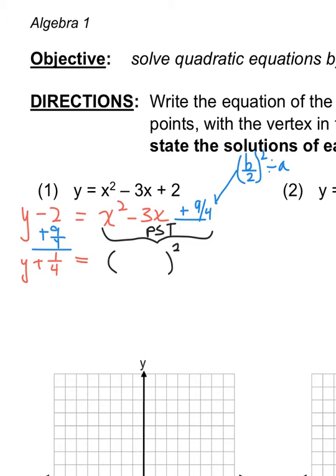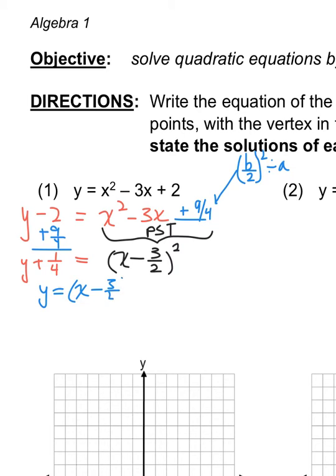Or there was a GCF that you didn't factor out. In this case, the leading coefficient was 1, so there was nothing to factor out. All right, so what are my factors? x minus 3 over 2. Boom, shakalaka.